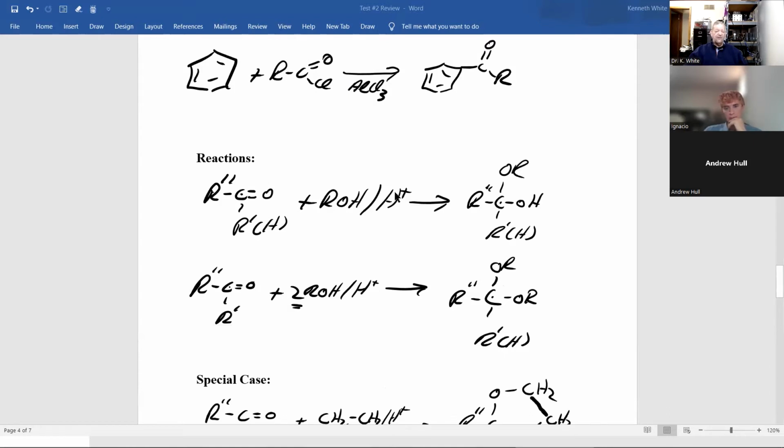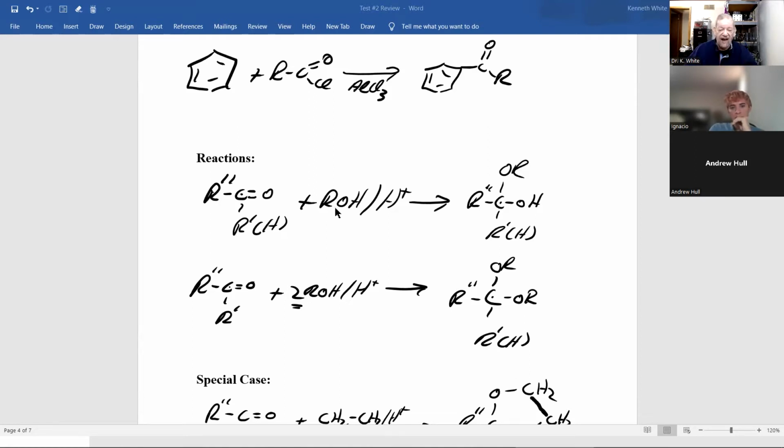All right, let's go through the reactions. You take an aldehyde or ketone, and here if R prime is hydrogen, it's an aldehyde. If R prime is carbons, it's a ketone. R prime and R double prime can be bonded together, that's a ketone in a ring.